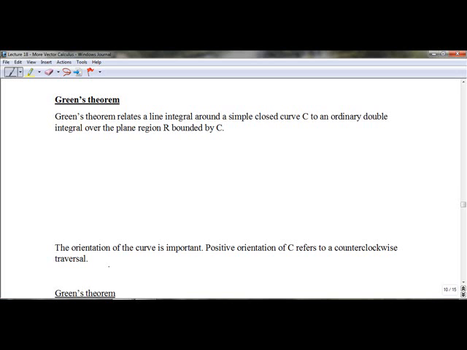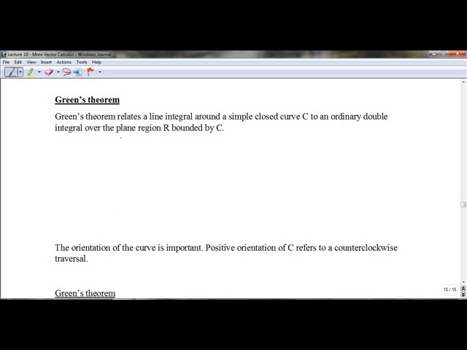The path that we are finding the line integral over has to be closed. If it's not closed, you cannot use Green's theorem. And what is beautiful is that it relates a line integral over the closed curve with a double integral over the region.